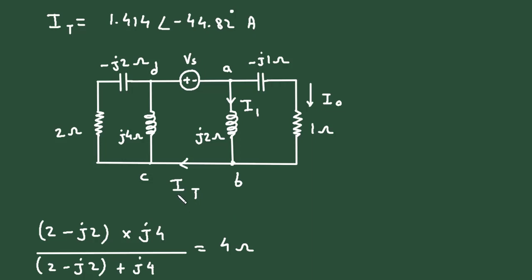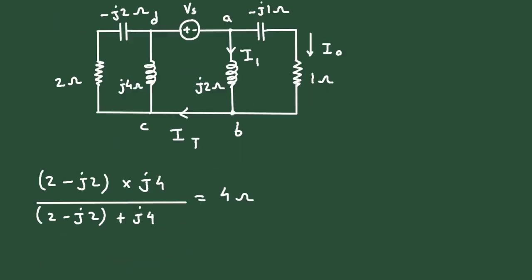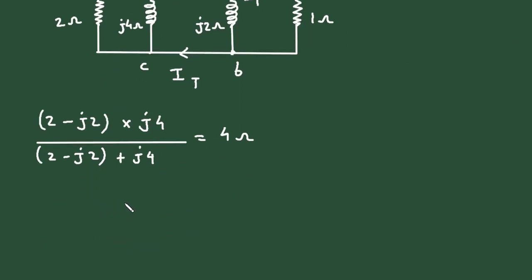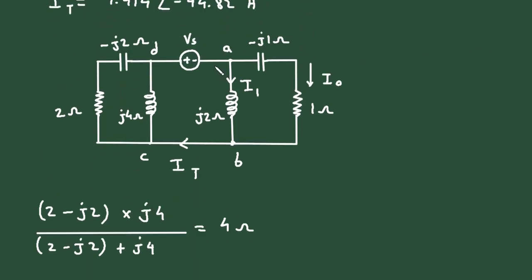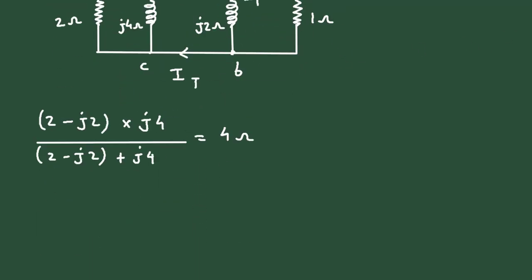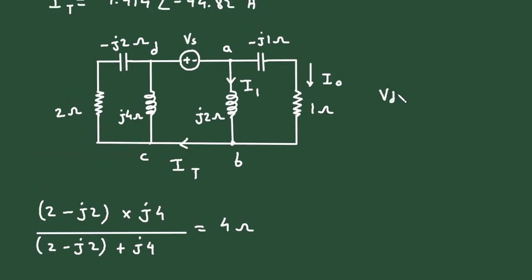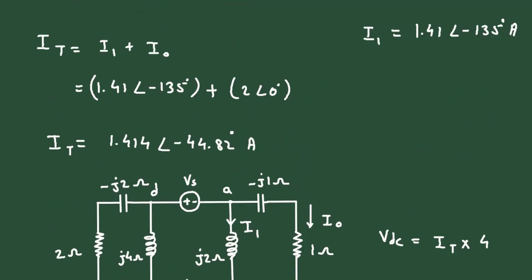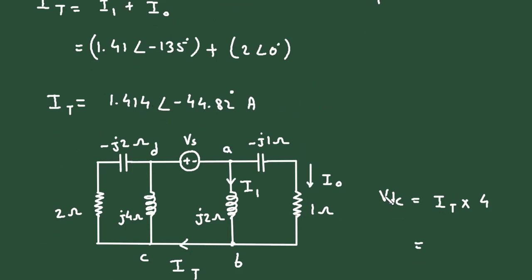So 4 ohm multiplied with this IT. The voltage across terminals D and C will be VDC is equal to current IT multiplied with impedance 4 ohm. The value of IT is this much.